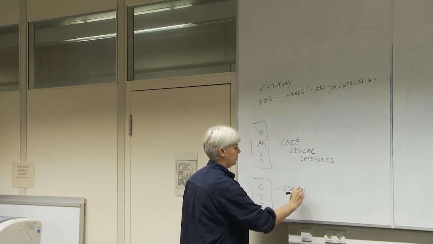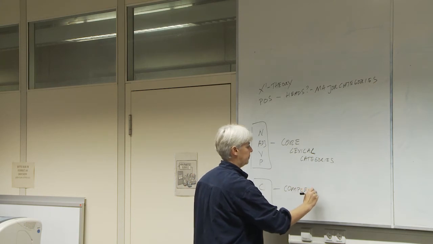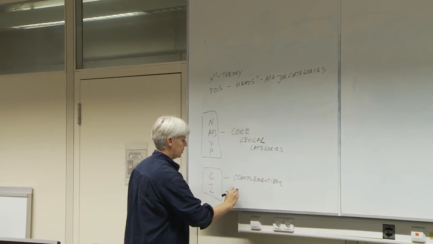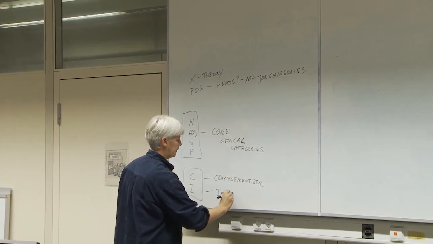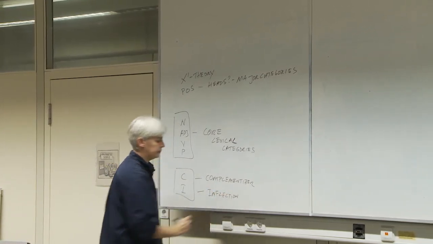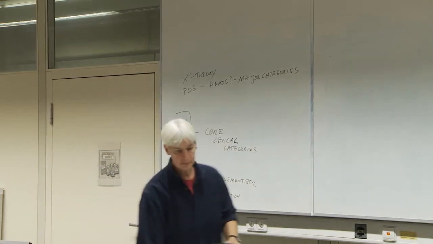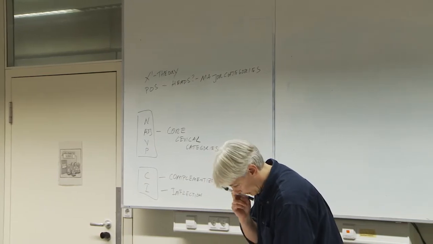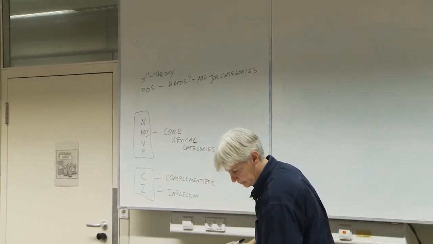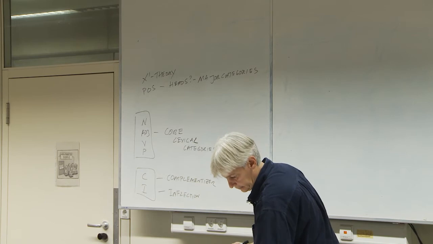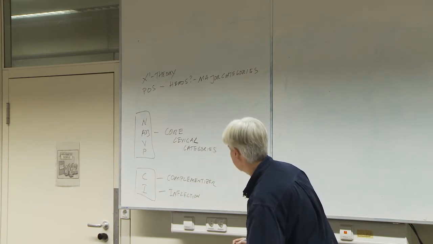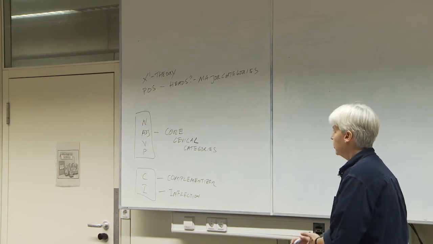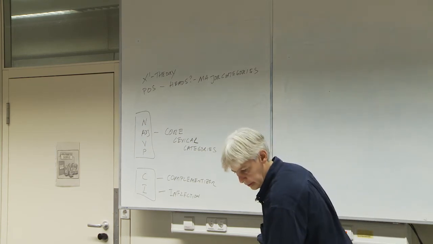C stands for complementizer. And I stands for inflection. Okay, now how would we draw a tree? Let's see, which way should I do this?